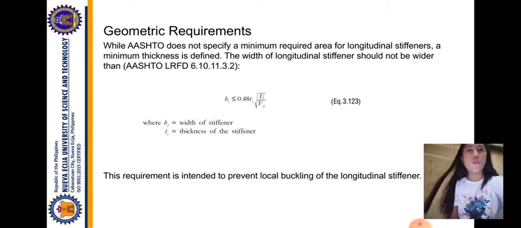Next, geometric requirements. While AASHTO does not specify a minimum required area for longitudinal stiffeners, a minimum thickness is defined.